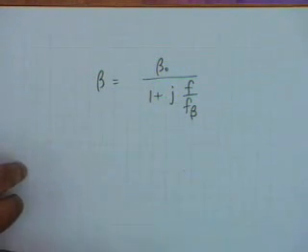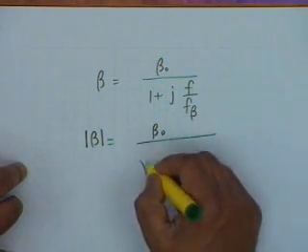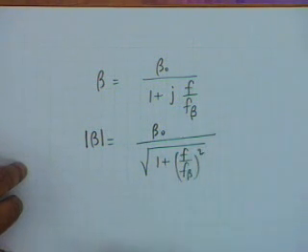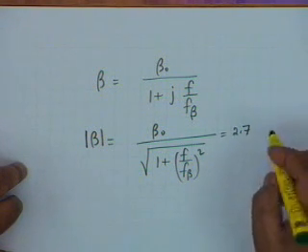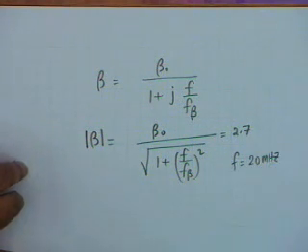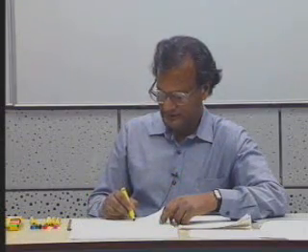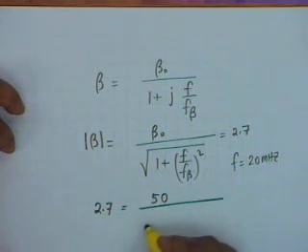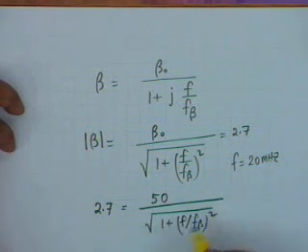We have been given that the magnitude of beta, which is beta 0 divided by square root of 1 plus f by f beta whole squared, is 2.7 when frequency is 20 megahertz. F is 20 megahertz, and therefore 2.7 is equal to 50 divided by square root of 1 plus f by f beta whole squared.